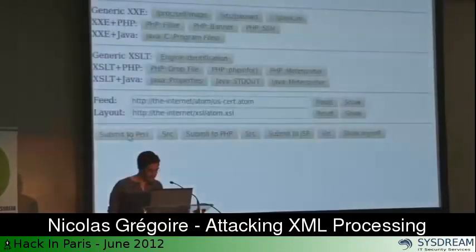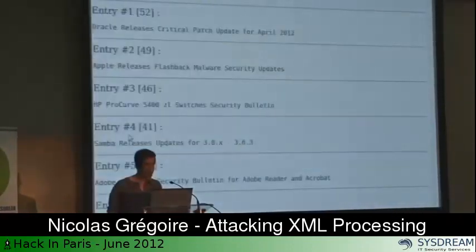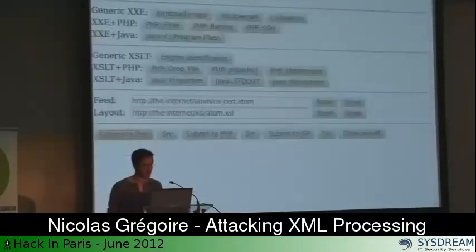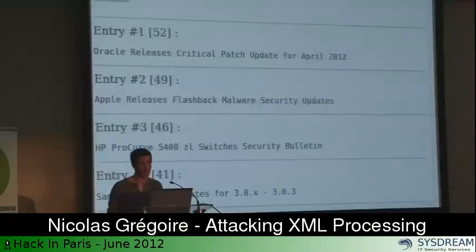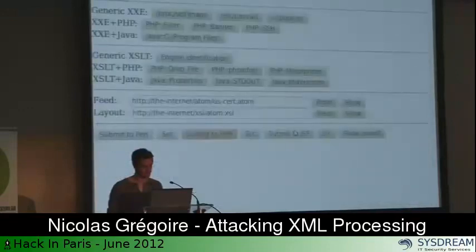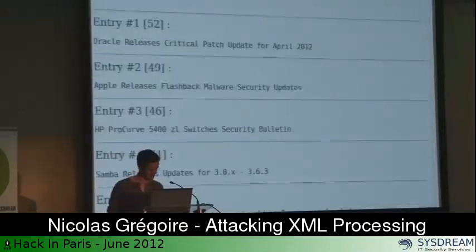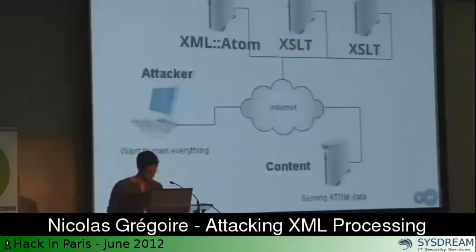So if we execute them, we have a very nice Atom reader, an online Atom reader. Okay, so that's the number of the entry, that's the size of the entry, and that's the title of the entry. That's the Perl one, the PHP one, and the JSP.